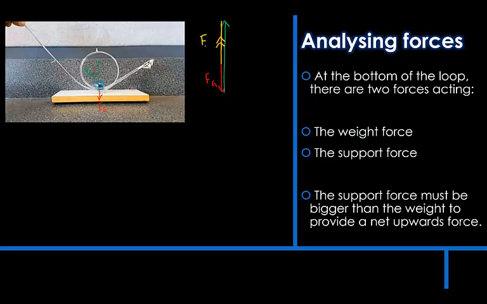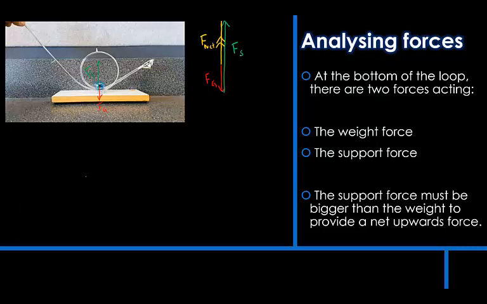So this is F net. We can see here that the support force has to be considerably bigger than the weight force in order to produce a net force that's acting towards the center of the circle.